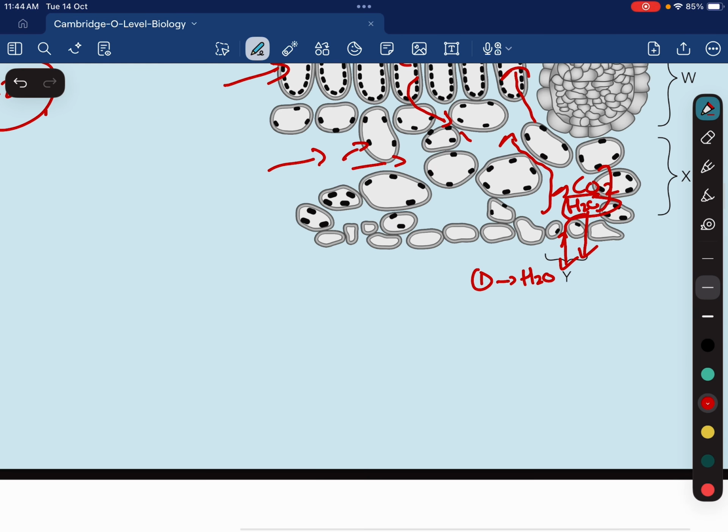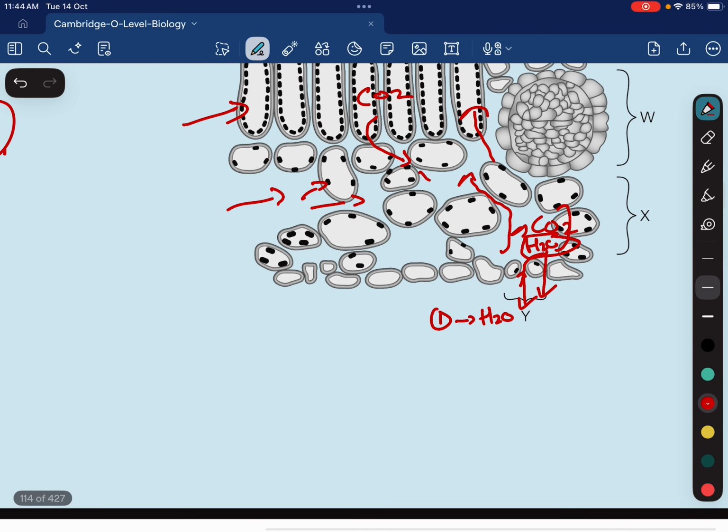Number one disadvantage is that the carbon dioxide which had to enter into the cell for photosynthesis is not going to enter into the cell because the stomata is closed. So photosynthesis will not take place because carbon dioxide is unable to enter into the cell.